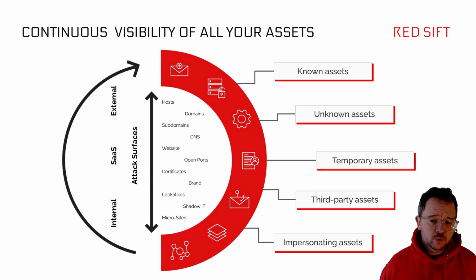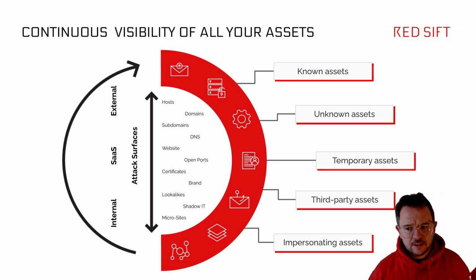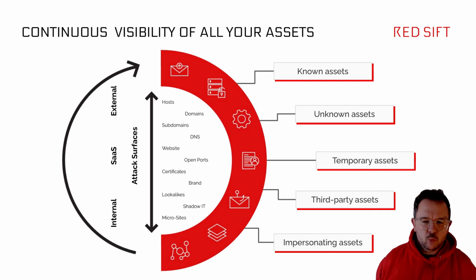They wanted to be able to track all of their cloud assets as well, and that sometimes wasn't possible through the methods that we currently used. So we began to look into how we could solve that problem and how we could connect to cloud accounts to bring the assets that they care about into their Red Sift accounts.